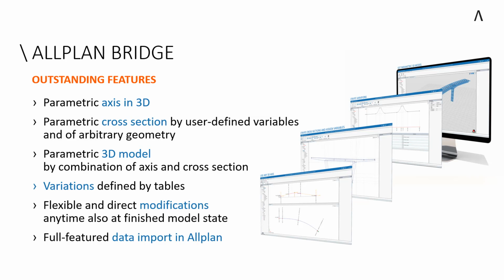That means you can use all drawing objects for further modifications or also for adding additional objects like reinforcement, for example. And finally, the model created with Allplan Bridge can be used for both for drafting and static analysis.